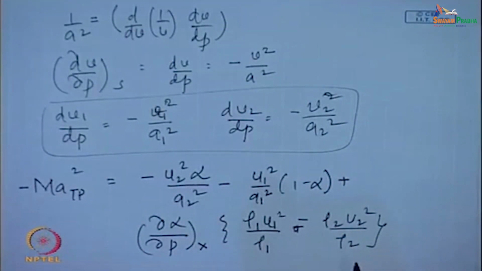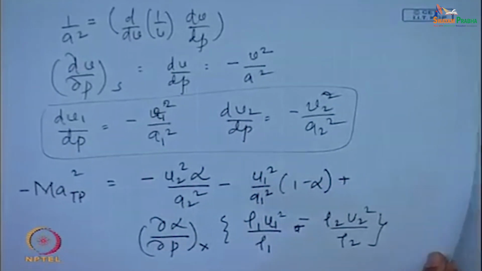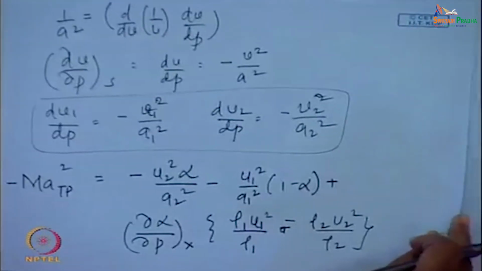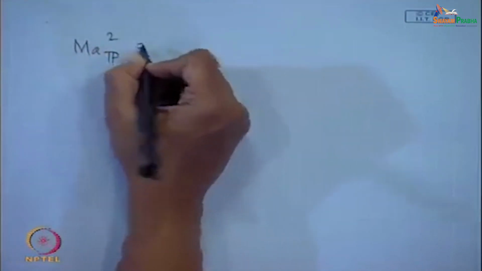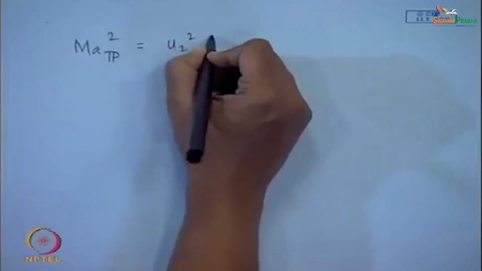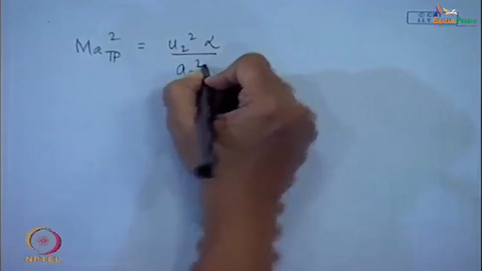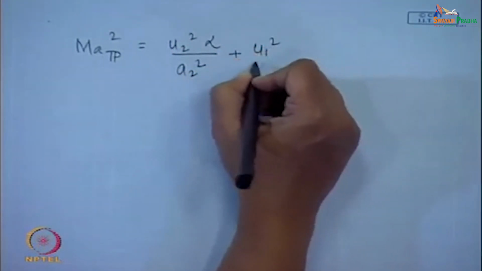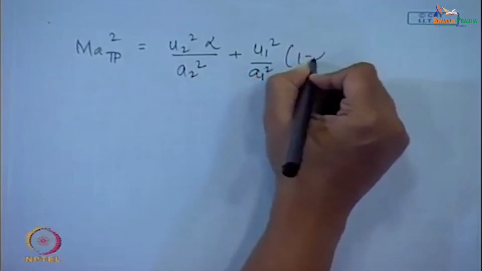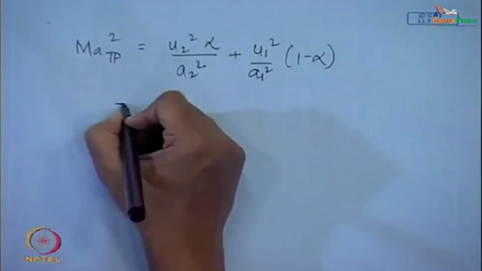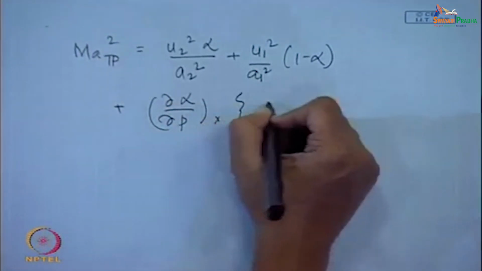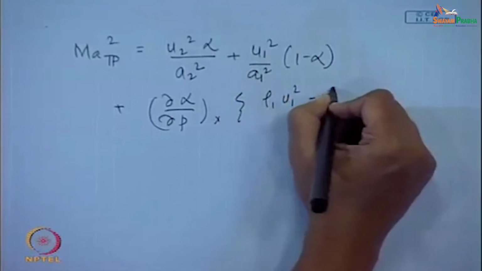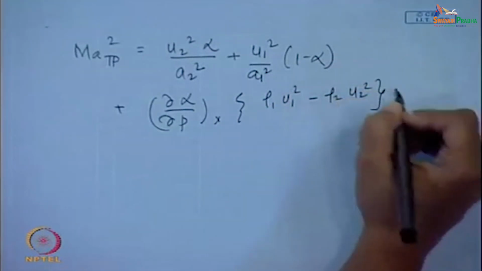So, this gives you the expression of Mach number for the two fluid as obtained from the two fluid model. This is equal to u2 square alpha by a2 square plus u1 square 1 minus alpha by a1 square plus del alpha del p at constant x rho 1 u1 square minus rho 2 u2 square.